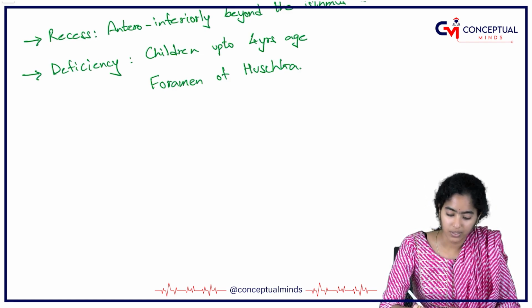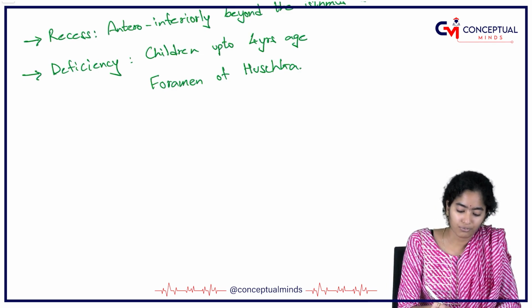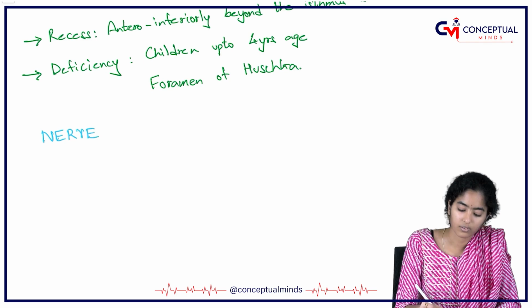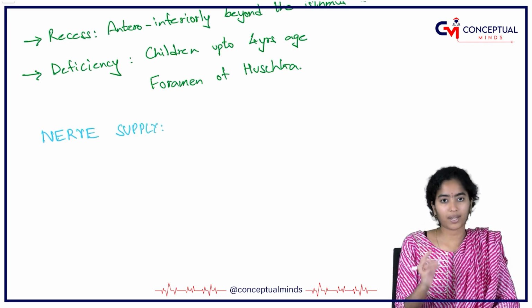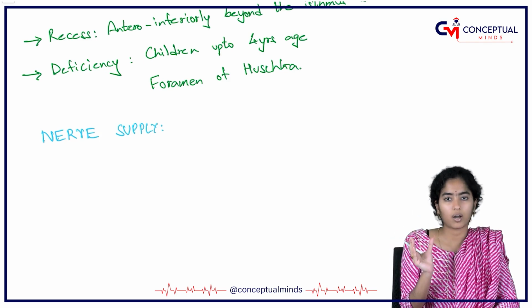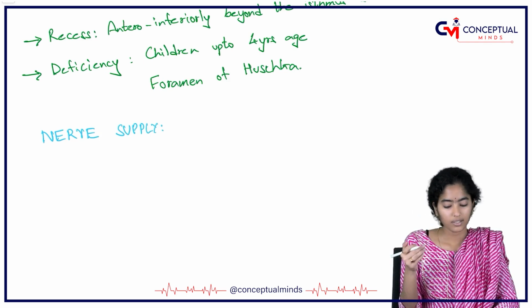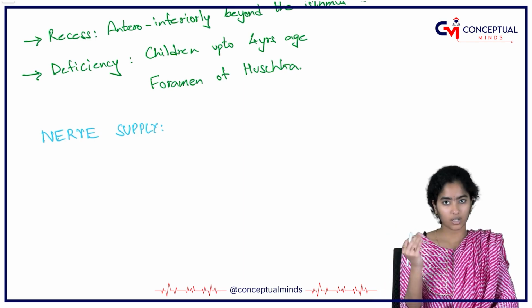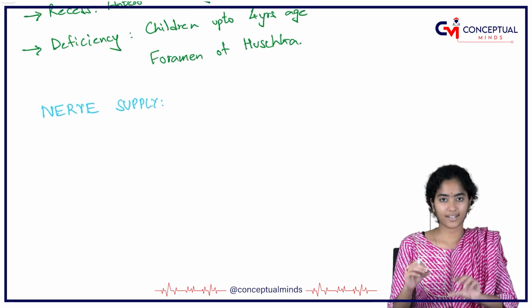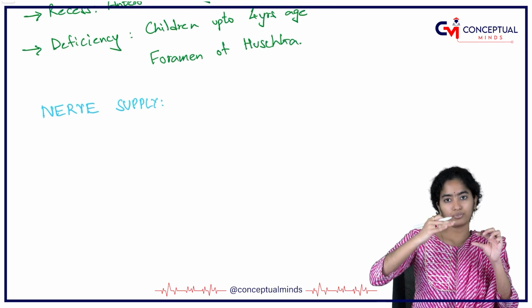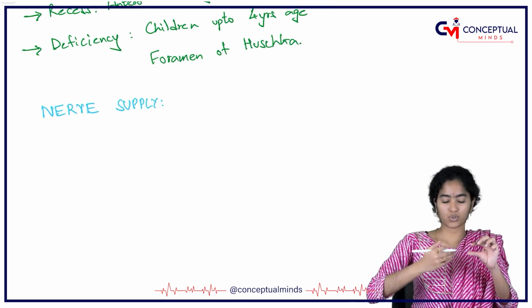Next, let us look into the nerve supply of the external auditory canal. We have studied in detail about the nerve supply of the pinna. Although it looks complicated, it is easy to understand. Similarly, the nerve supply of the external auditory canal. As I told you, it's a canal, so it has a roof, a floor, an anterior part and a posterior part.